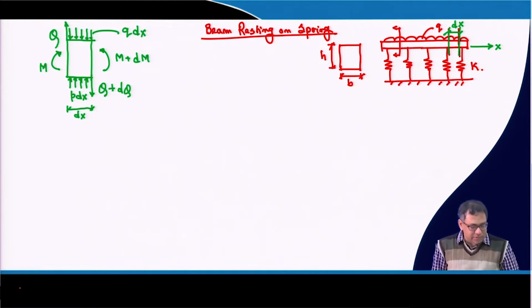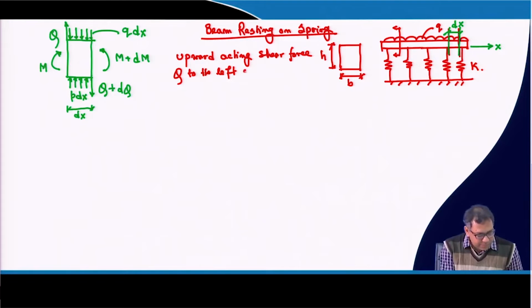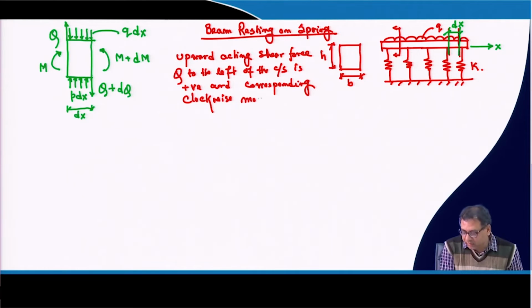Now, the sign convention that you have to consider: the upward acting shear force Q to the left of the cross section, or left of the segment, is positive, and the corresponding clockwise moment acting from the left side is also positive. So, what does it mean?